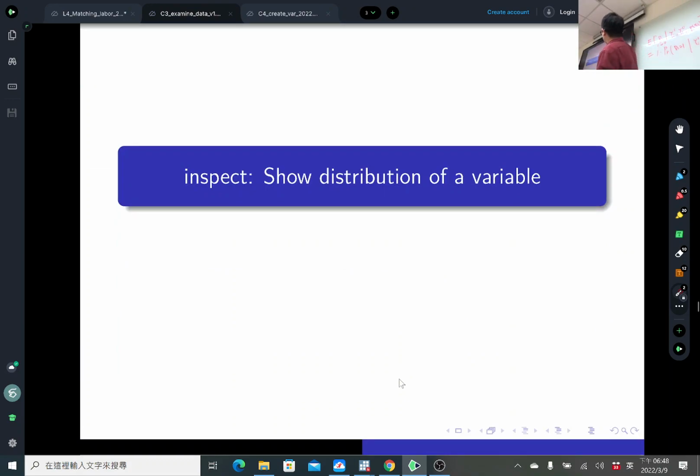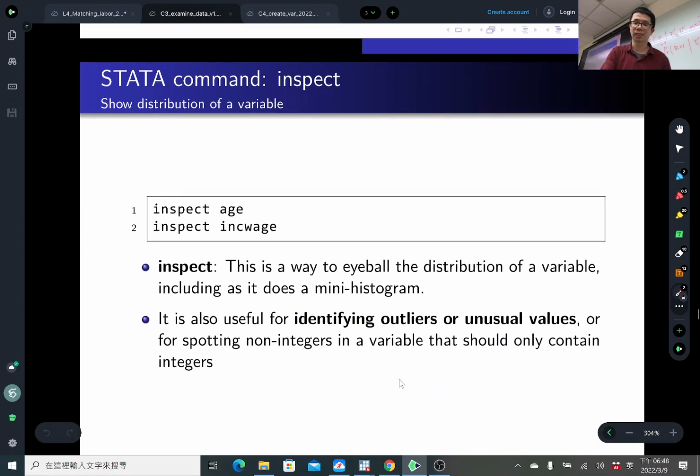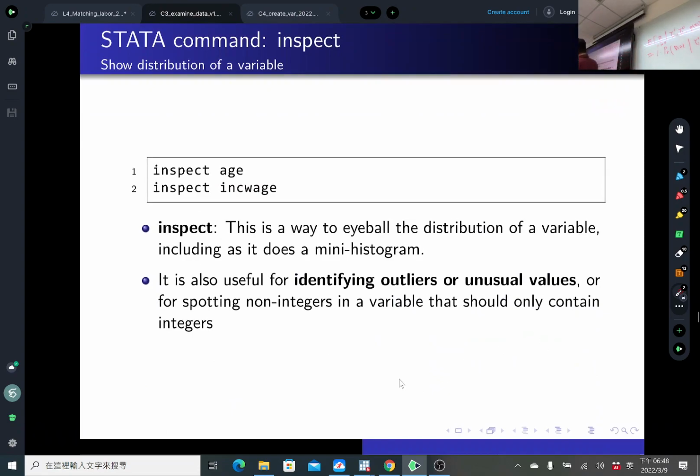And inspect is another command that can show the distribution of the variable. For example, again, very simple. Say inspect and the variable name, inspect the wage.